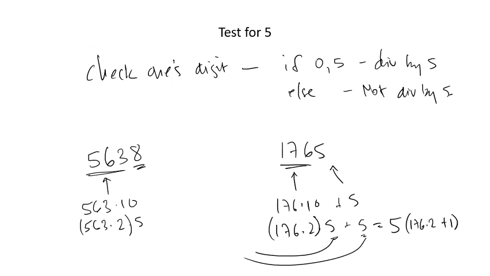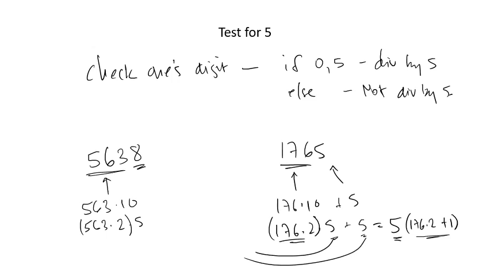So when I distribute out this 5, I'm left with the 176, and then 5 divided by 5 leaves the 1. So I could figure out what this number is if I wanted to, and then that gives me this factorization, 5 times what gives me 1765, or lets me see this quotient when dividing by 5. But for our purposes, it allows me to see that this number is divisible by 5.